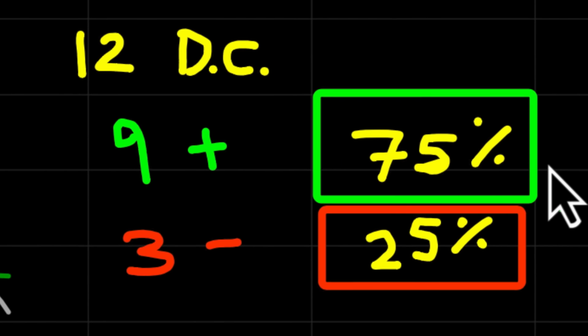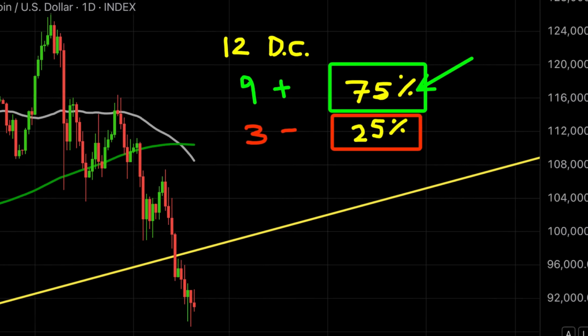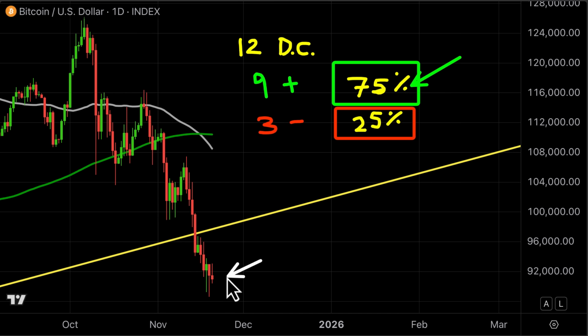So I don't know about you, but personally, I'm going to go with what I consider to be the higher probability, which is to see the price of Bitcoin rallying and seeing a strong bounce in the next 1 to 3 months. And by the way, let's not forget, the price of Bitcoin, as we're making this video, is already pretty much oversold.